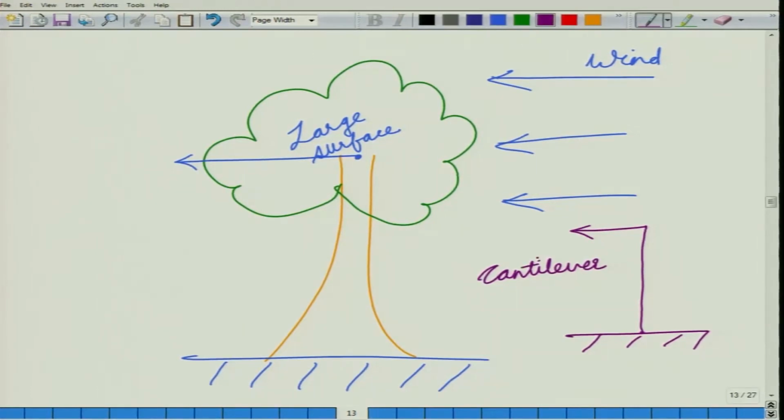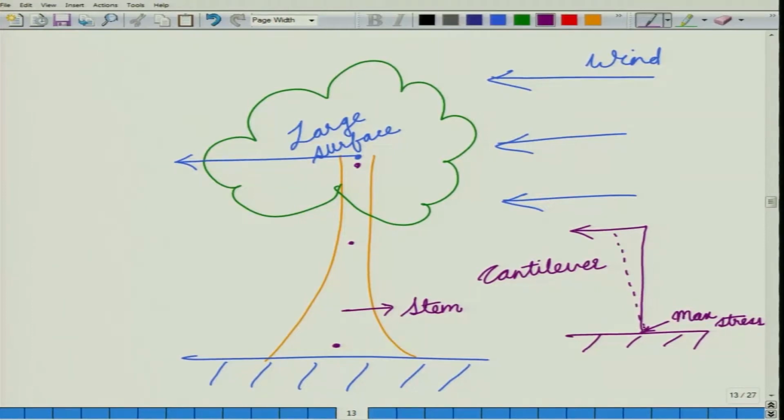Now, because the substance that is making the tree stem is the same whether you consider a point here or here or somewhere in between, and also when this force is acting, the maximum amount of stress would be felt at this point, because this is where the force is trying to topple the tree.